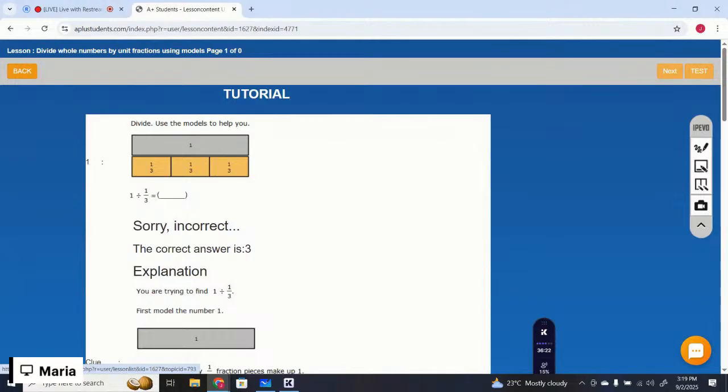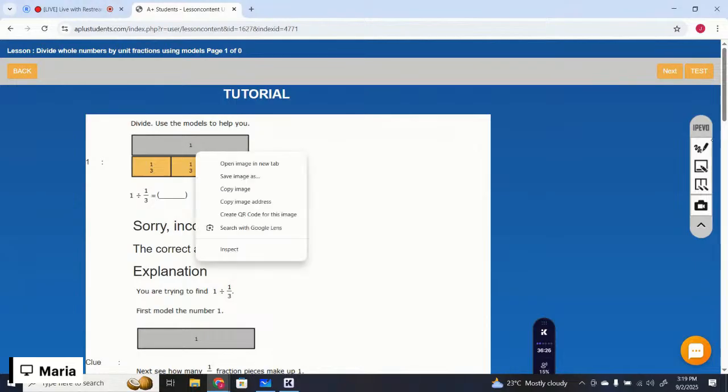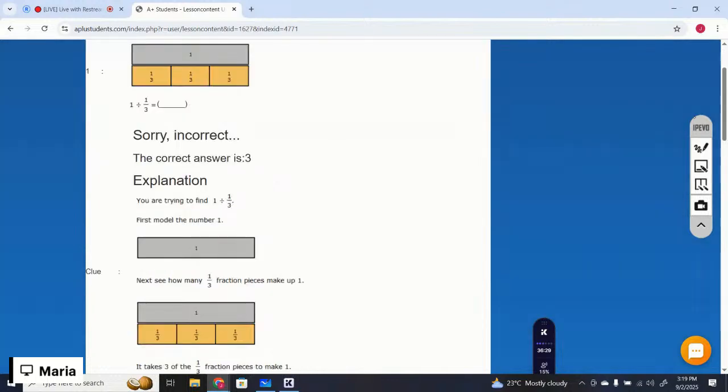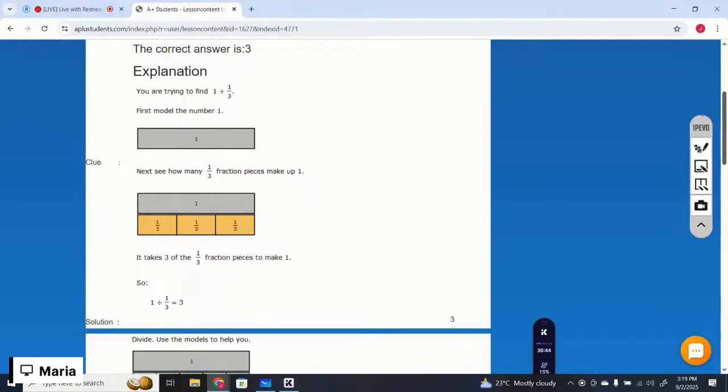So basically you are given 1, right? 1 over 3 means you need to divide this 1 into 3 parts. Each part is 1 by 3, 1 by 3 and 1 by 3.